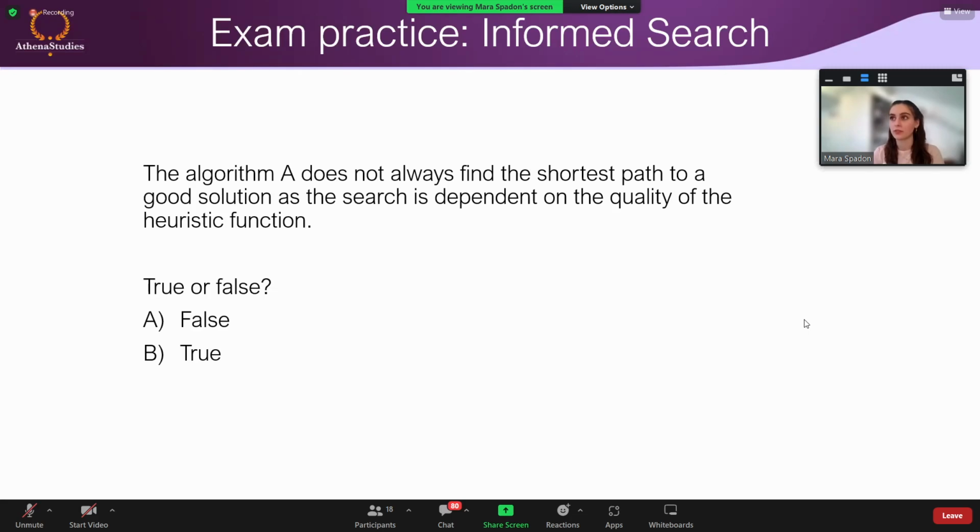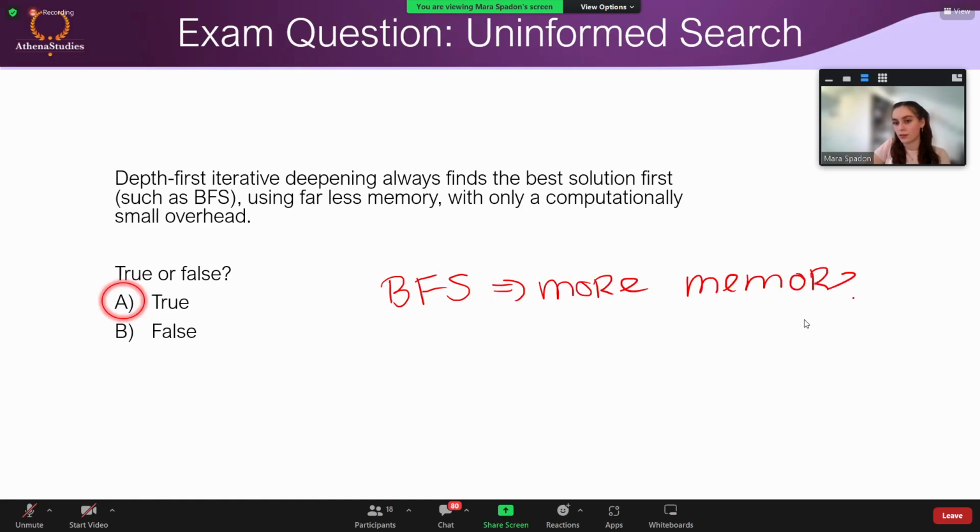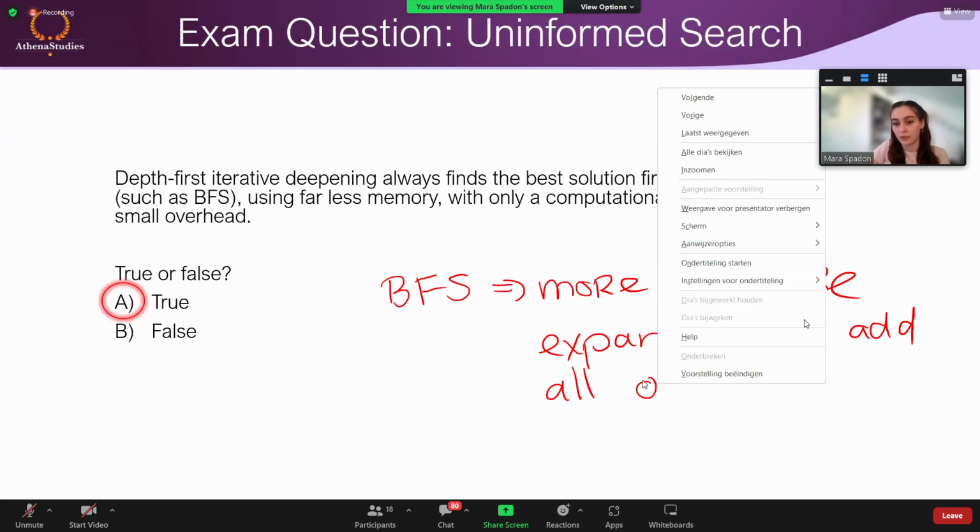Seeing some answers coming in. So again, for the last question, I hope that was clear. Breadth-first search uses more memory because when you expand a node, you add all of its children and then keep them in memory.